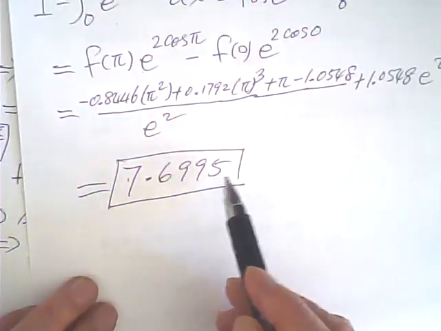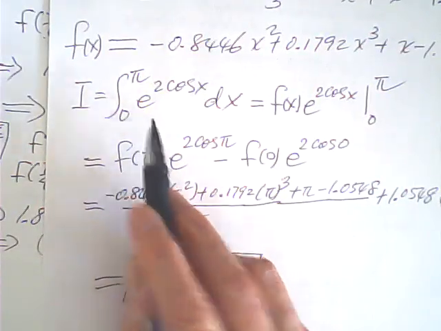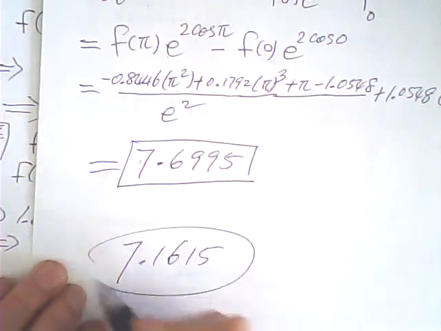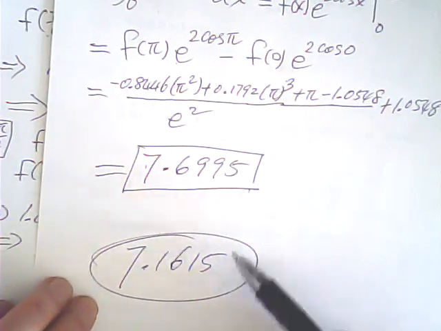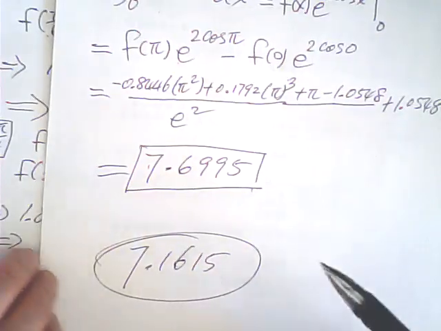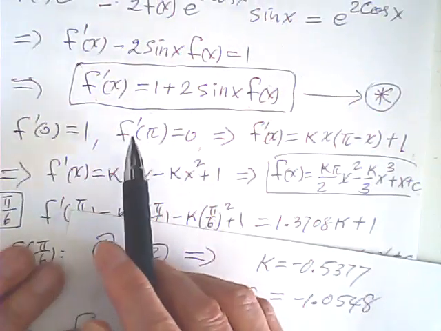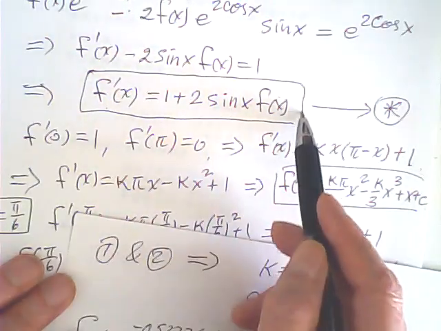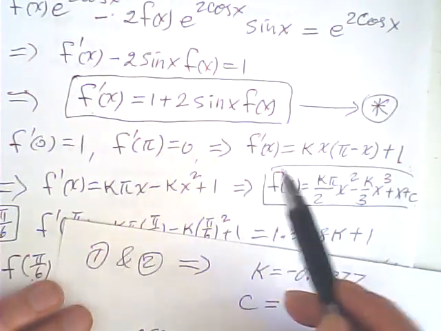Now I check from the internet. From the internet, this integral is 7.1615. See, my answer is this. There's a difference between them, right? Why? Because my construction of f prime of x is based on my observation of this. This is approximation.